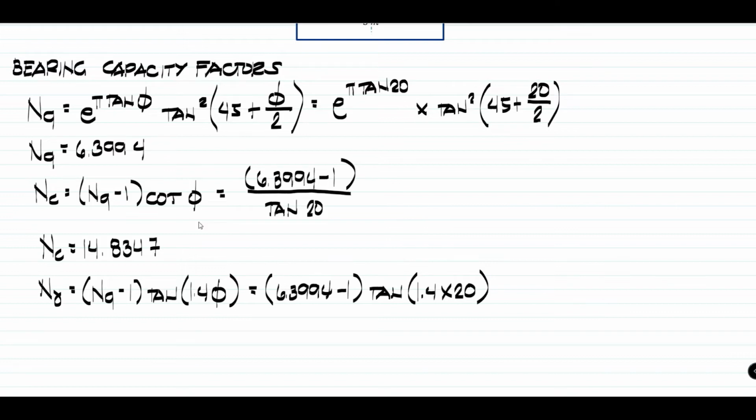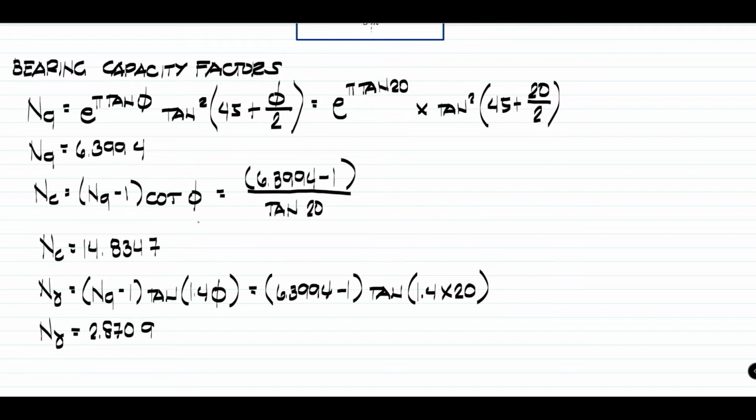So our N gamma will be equivalent to 2.8709. So yan ngayon yung ating N gamma. So nakompleto na natin yung bearing capacity factors na kailangan natin.